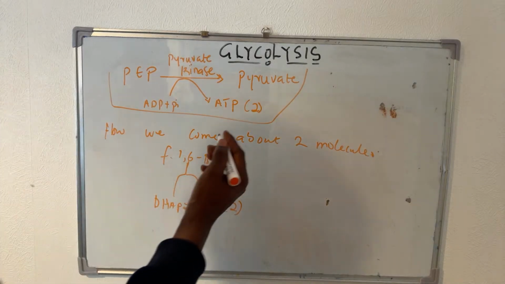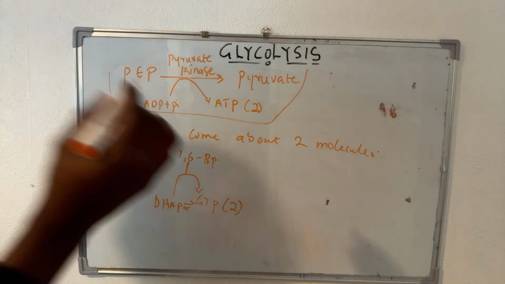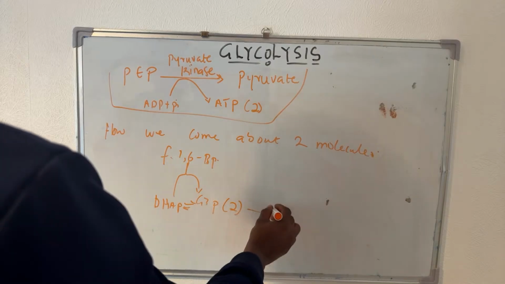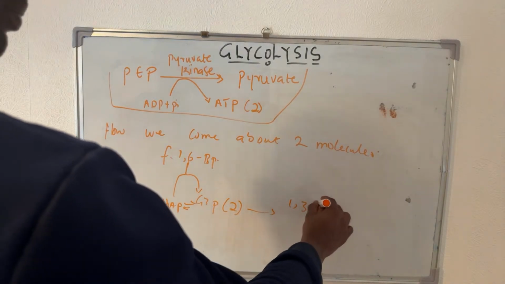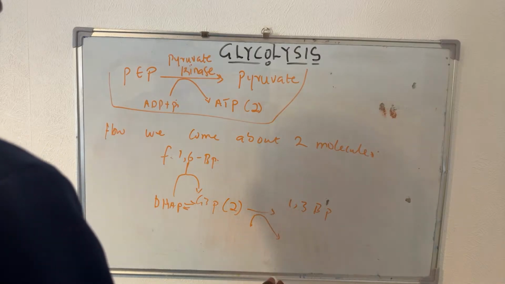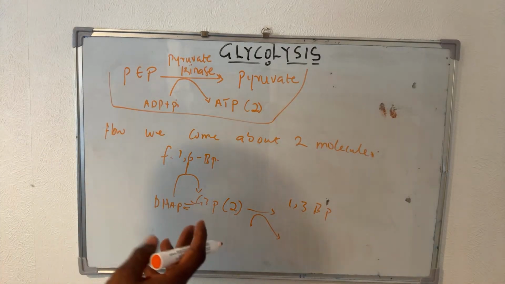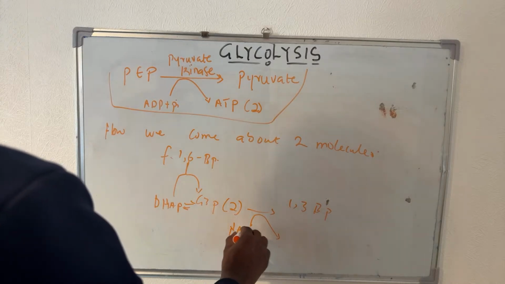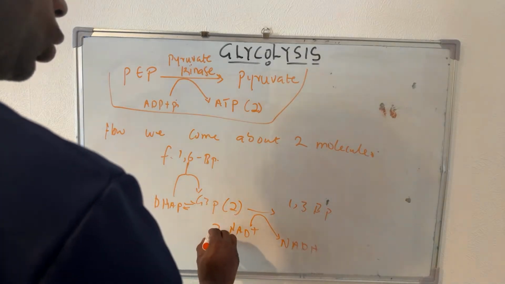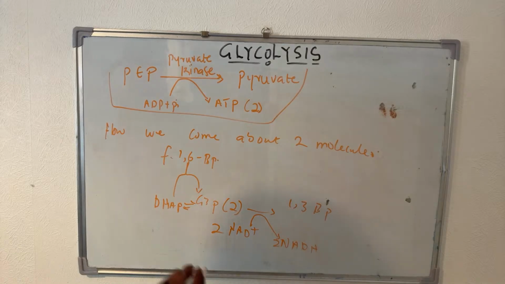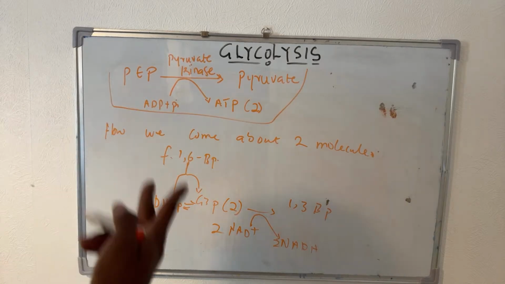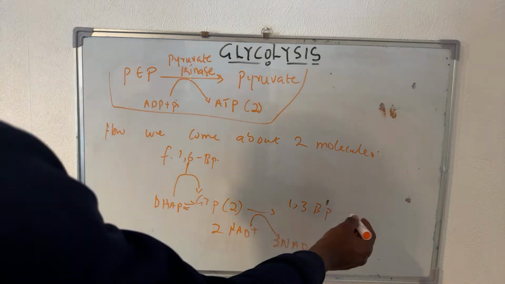So when we get to the stage where we had NAD plus, like here, glyceraldehyde 3-phosphate to 1,3-BP, in the reaction catalyzed by glyceraldehyde 3-phosphate dehydrogenase, where you have NAD plus to NADH, it's actually 2. From this stage, everything that is produced is in 2s.